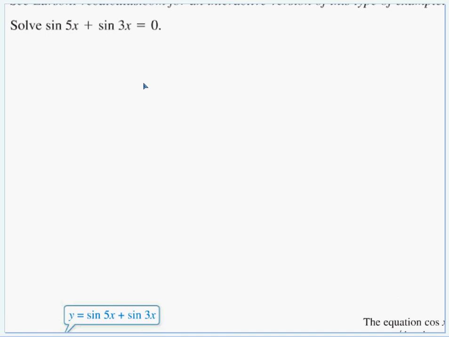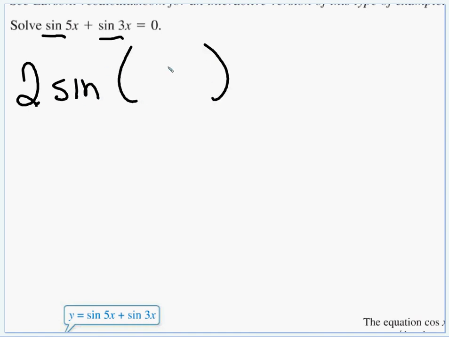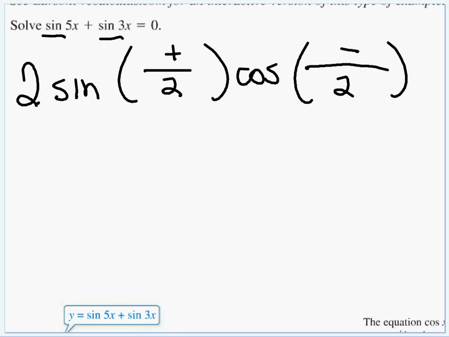Luckily, we have sum to product formulas. So if we look on our formula sheet for the sine plus sine pattern, that's going to be 2 sine of the sum over 2 times the cos of the difference over 2. And we plug in our angles, 5x and 3x.